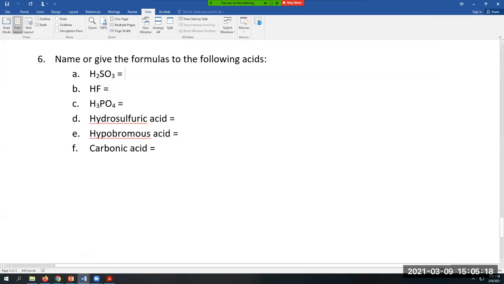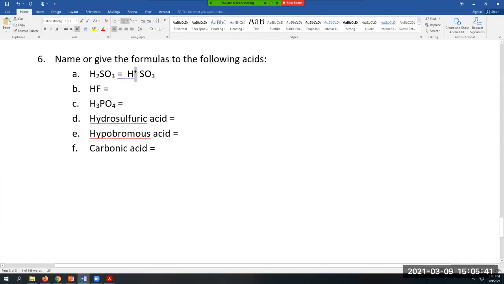So here, when you have H2SO3, for example, you recognize that you have a polyatomic ion, and it's going to be the SO3 part of it. It's always H plus, the positive ion, because let me emphasize that acids are molecular compounds, but they behave as if they were ionic. It's always making the H plus ion, and then the other ion is the negative ion.